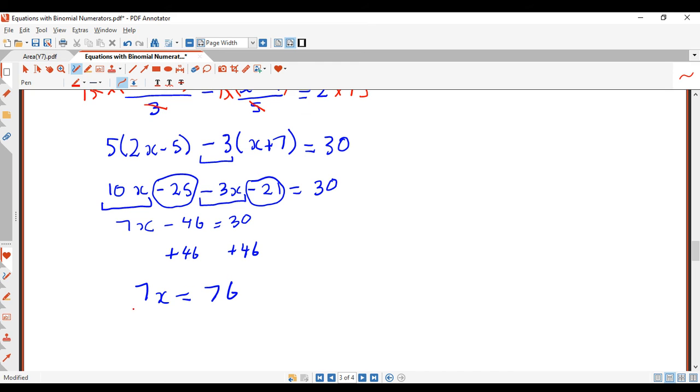So divide by 7, divide by 7, that cancels, and your final answer is just x equals 76 on 7, and no need to write that as a mixed numeral or as a decimal, just leave it as is.